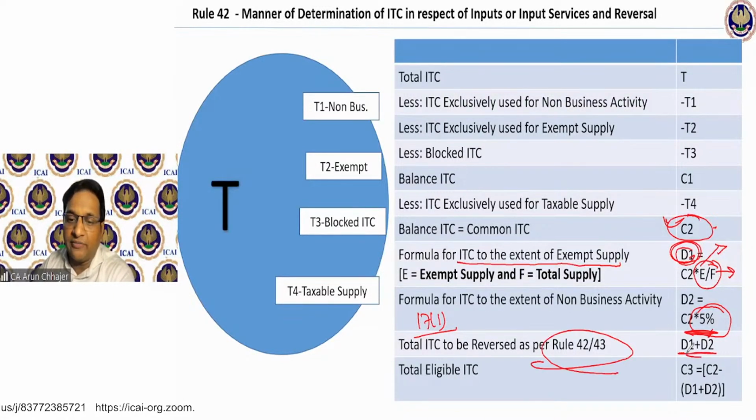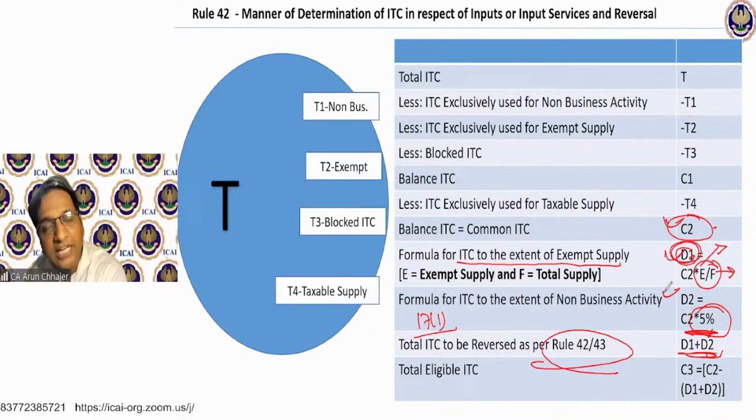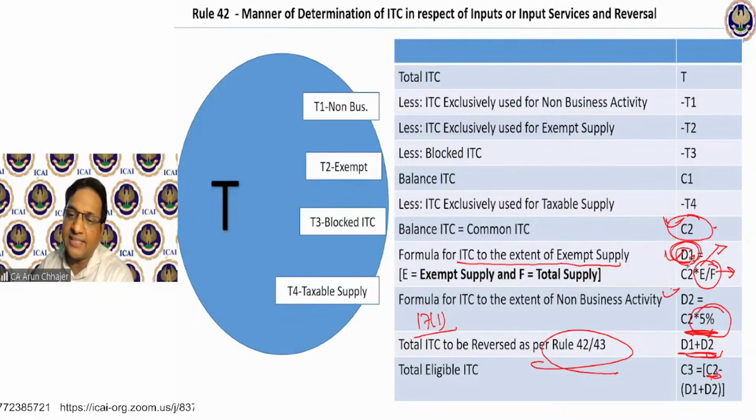Then the ITC to be reversed as per rules 42 and 43 is D1 plus D2. D1 and D2 are the ITC which are not eligible as per 17.1 and 17.2. Then C2 minus D1 minus D2 is the eligible portion out of the common ITC.